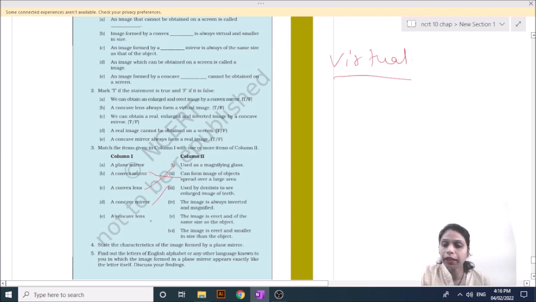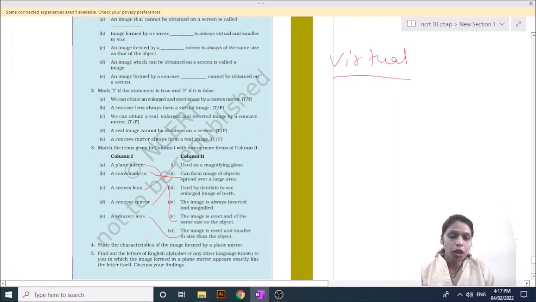A concave lens always makes a virtual image. In a plane mirror, the image is always erect and the same size as the object. In a concave lens, the image is erect and smaller than the object.